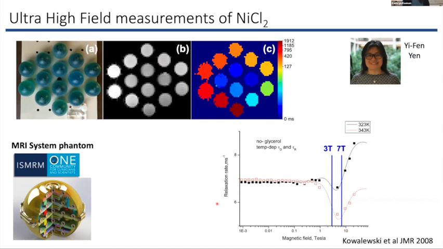We have also done work with Yifan Yen at the Martino Center looking at 7 Tesla measurements. And so here we took a modified phantom based on the coil size that was available. And Yifan did T1 mapping to look at repeatability. And it was some of the first 7T data that we have of the system phantom.